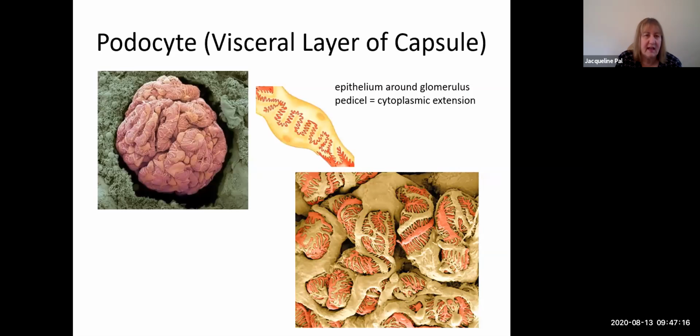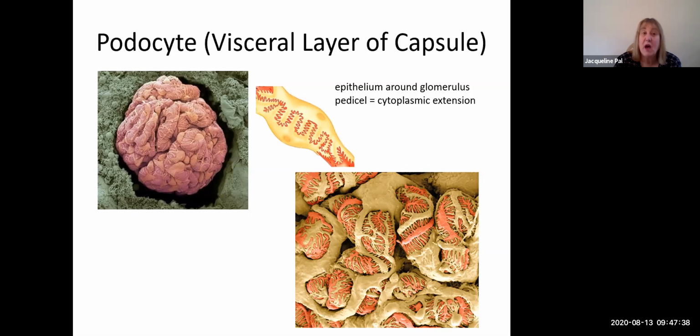Looking closely at the glomerulus again, we can see it is covered by cells that don't look like your normal simple squamous epithelium. These cells are called podocytes, and this is the visceral layer of Bowman's capsule we were talking about before.